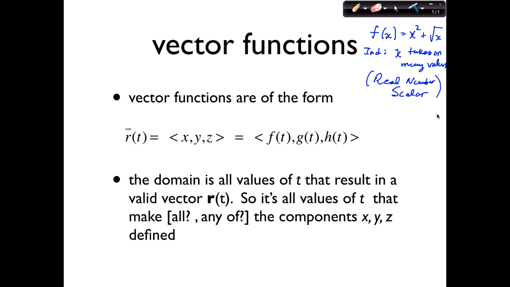And then what's the dependent variable in this? What's dependent? What comes out, or what's the result? For every x that we put in, we get something back: f of x. F of x is the value of the function for the given value of x. What kind of thing is that? Is that a scalar or a vector?